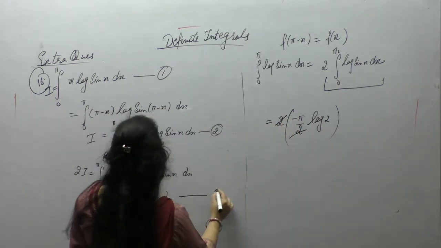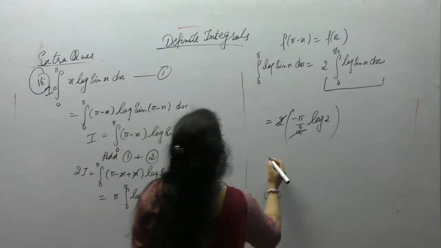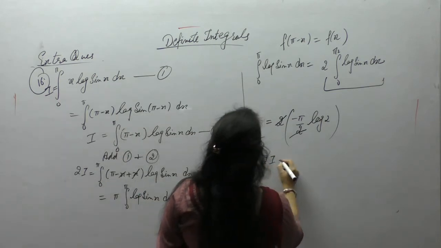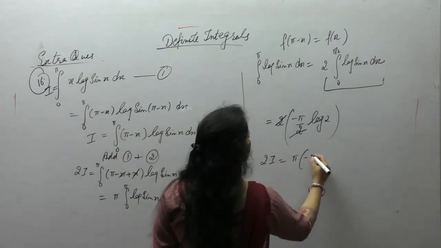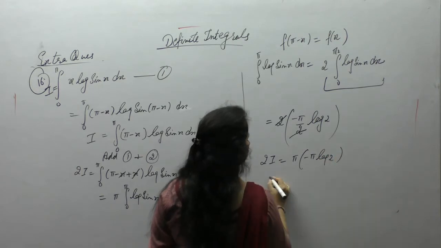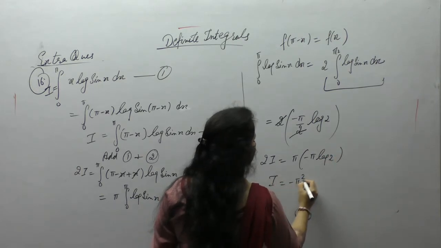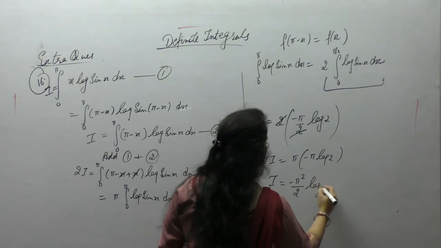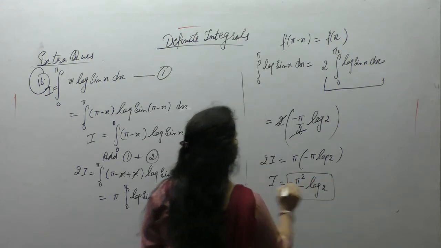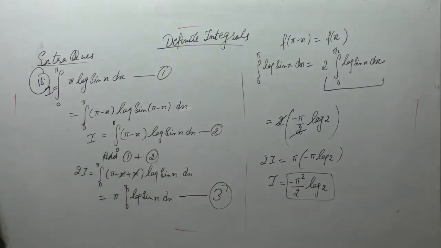Put this value in 3. 2I is equal to pi into minus pi log 2. I is minus pi square upon 2 log 2.